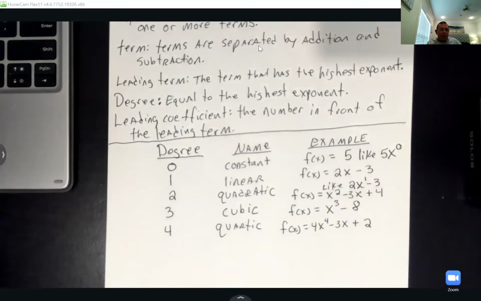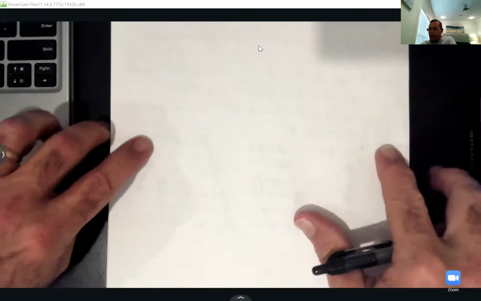And then that's pretty much all we're going to look at, a few examples doing this. All righty.